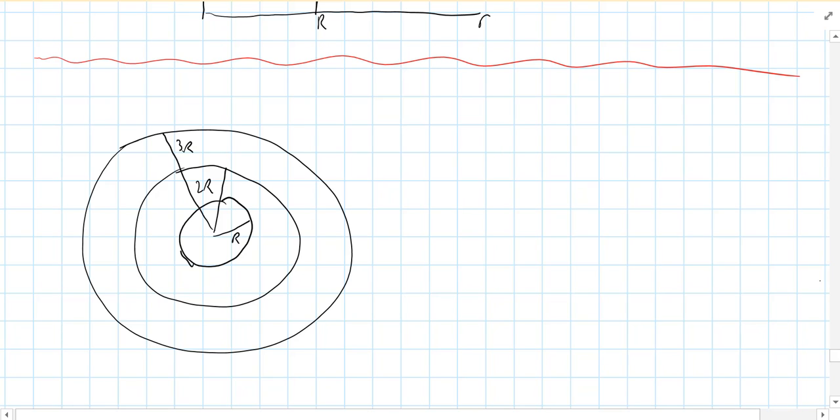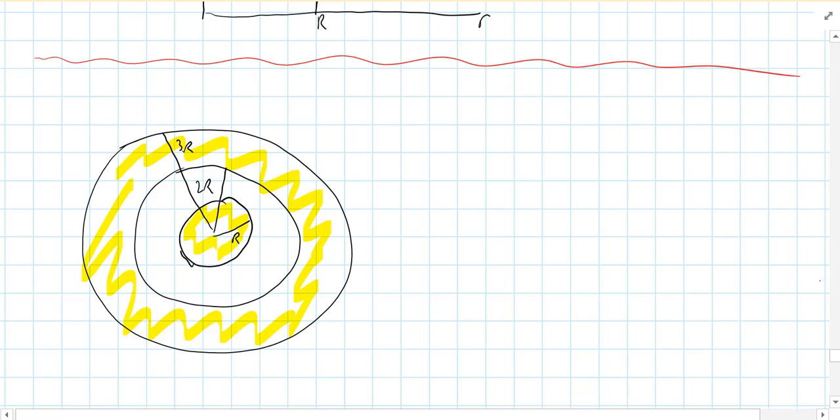The parts that are solid here: this is solid metal, and this is solid metal. And I'm going to put the following total charge on these things. This will be a positive 2Q, and this will be a negative 3Q.